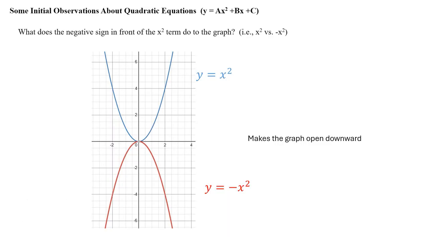Okay, just to review some of the initial observations. As said before, when the coefficient of the x squared term is positive, the graph will open up. And when it's negative, it'll cause the graph to open downwards.